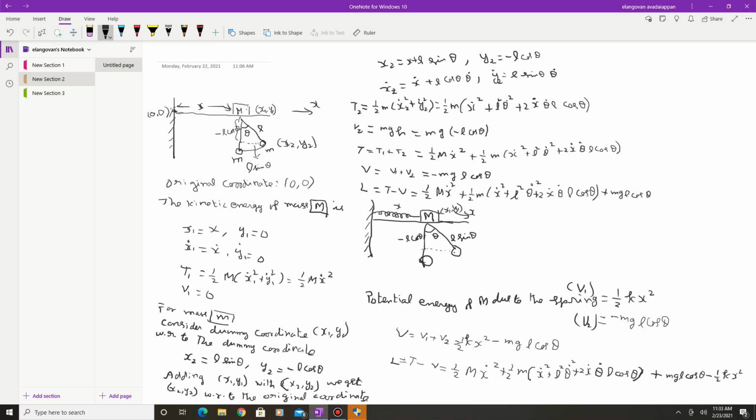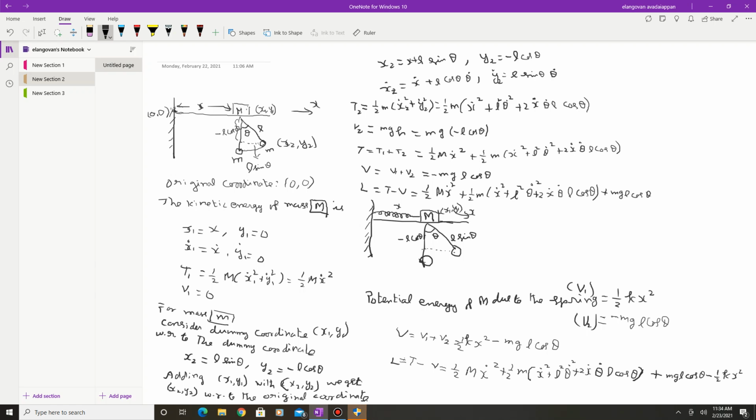We fix the origin at 0, 0, and x is the distance from the origin to the block of mass M, so the block moves along the direction x.